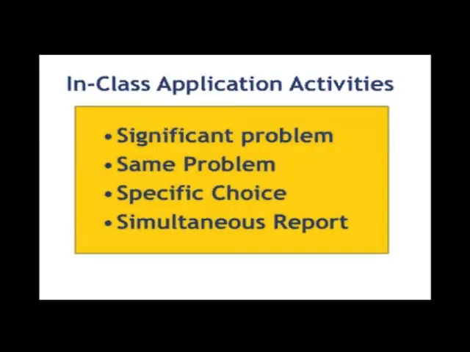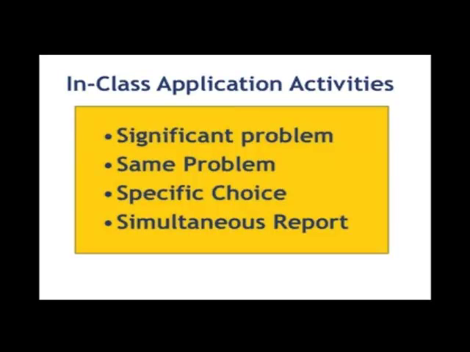So when we design these application activities for team-based learning, we use something called the 4 S's. The 4 S's stand for: we pick a significant, relevant, authentic problem. We give all the teams the same problem. We ask them to make a specific choice, and then they simultaneously report that choice.